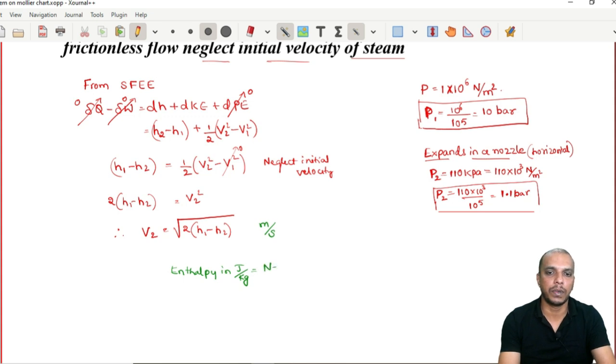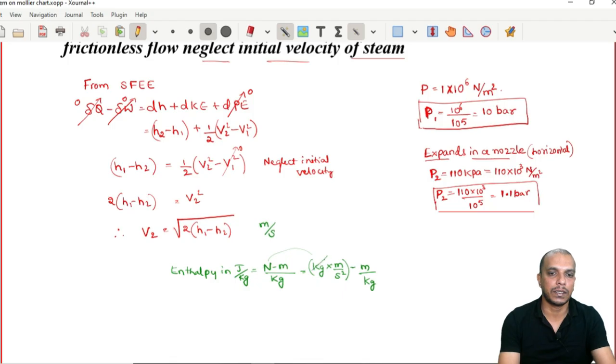Joule is Newton meter per kg. Now, Newton can be further rewritten as mass into acceleration, kg meter per second square, and this meter is there and kg is there. So, this is just Newton meter per kg.